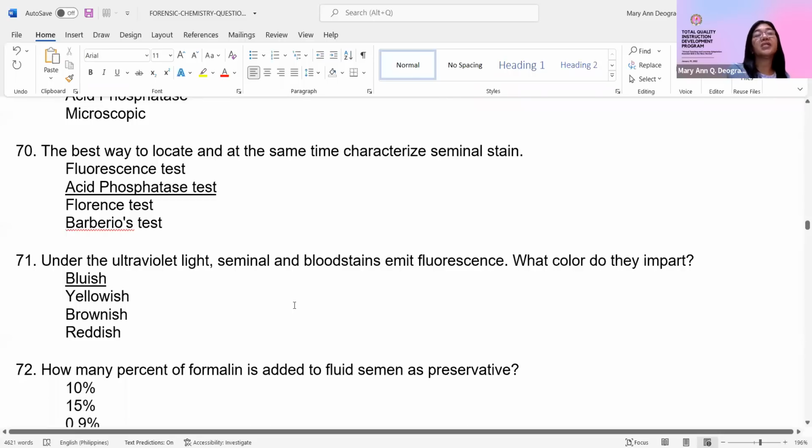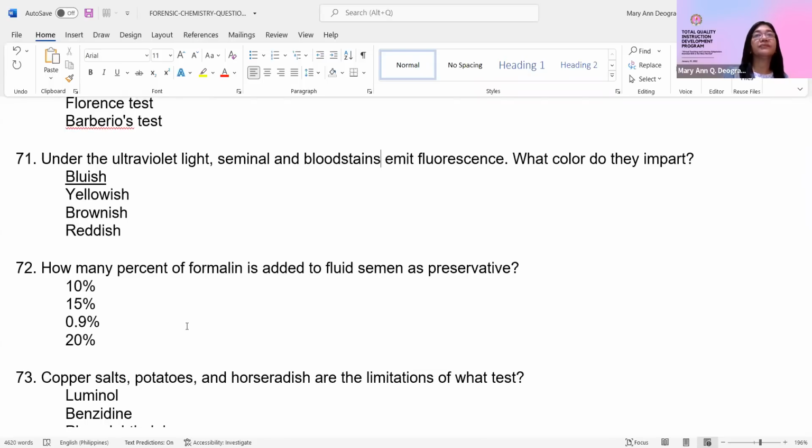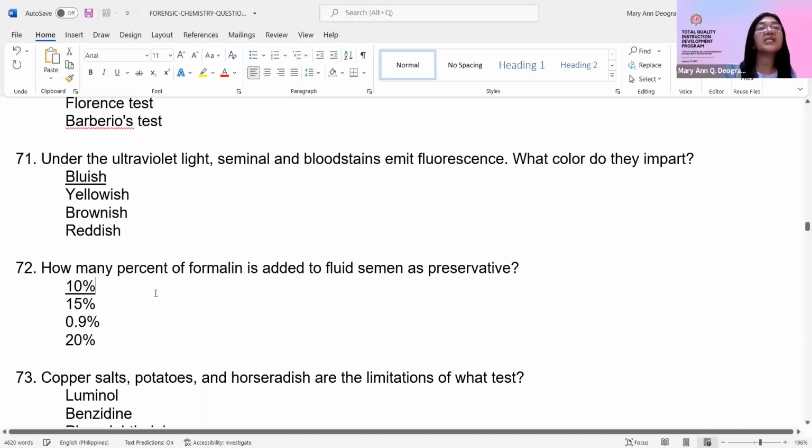Puro bluish fluorescence yun. How many % of formalin is added to fluid semen as a preservative? Okay, 10. Very good. So it's 10. Ang 0.9 class is kung saline solution. Pag gumamit tayo ng saline solution, it's 0.9%.